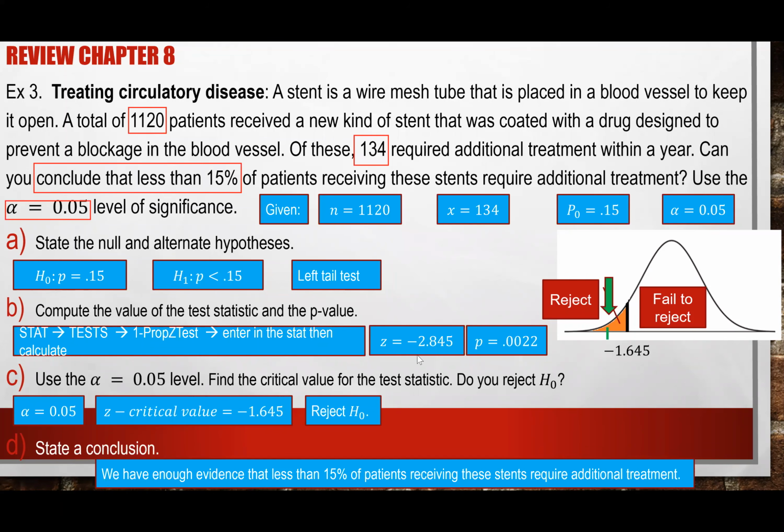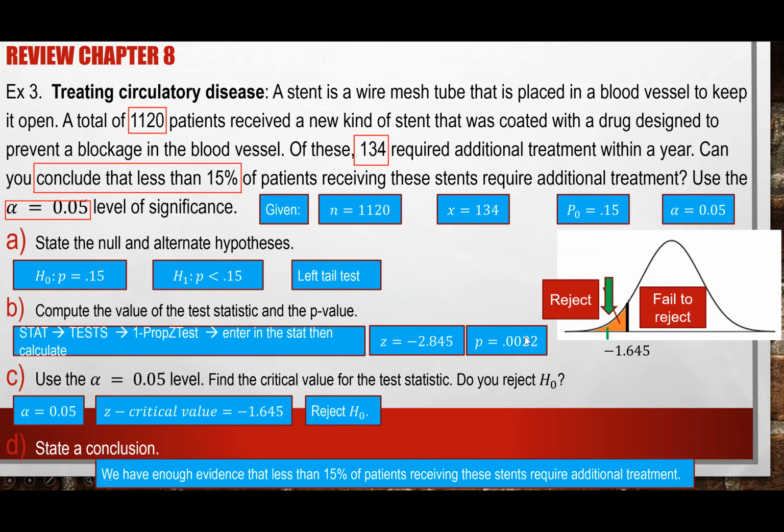Here, alpha is 5% if you move the decimal. This p-value is not even 1%. It's 0.22 of a percent. Compared to 5%, this is very small, so we can say that this is statistically significant, meaning we are very confident that our conclusion is correct.